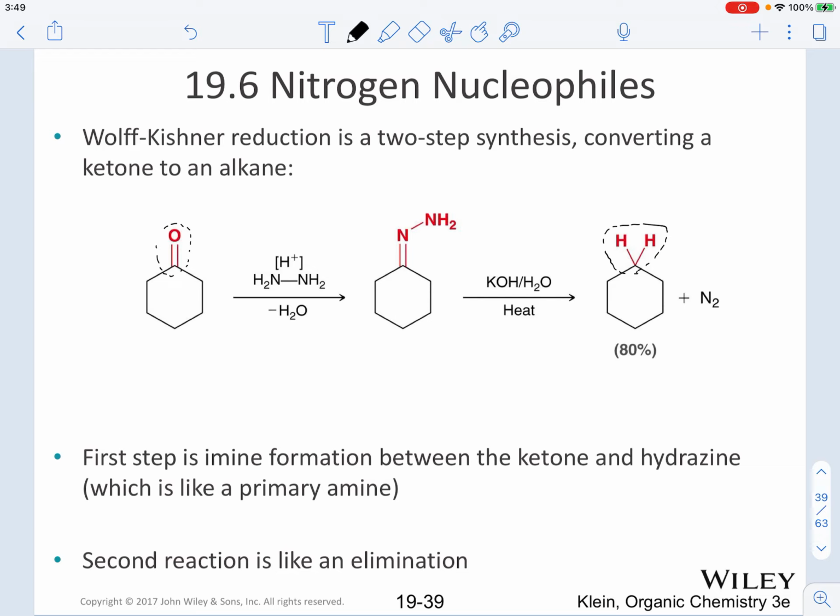Now, in the second step of the reaction, it's like an elimination that is going to be occurring in order for that potassium hydroxide, water, and heat to generate and incorporate those two hydrogens to our molecule. Understand that we're going to generate nitrogen gas in the system as part of the product. But again, nitrogen gas is an inorganic product. We don't need to incorporate it into the product of the reaction. We are going to be focusing on the organic product.